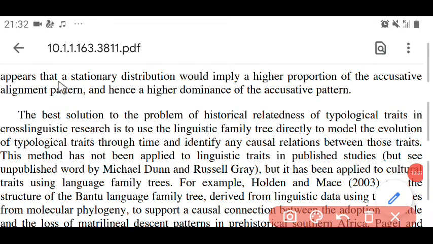It appears that a stationary distribution would imply a higher proportion of the accusative alignment pattern and hence a higher dominance in the accusative pattern.